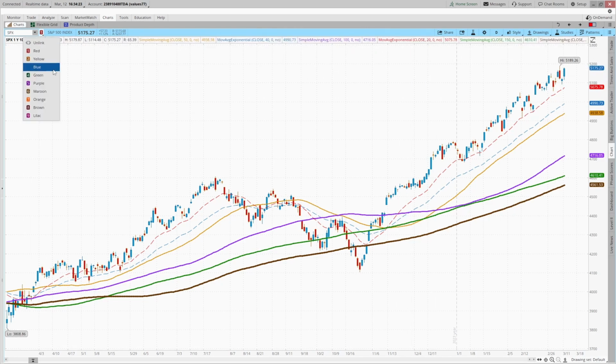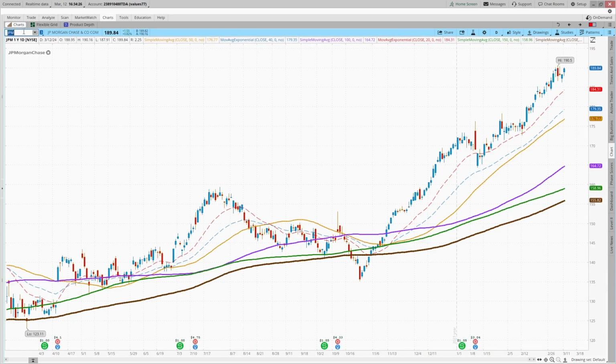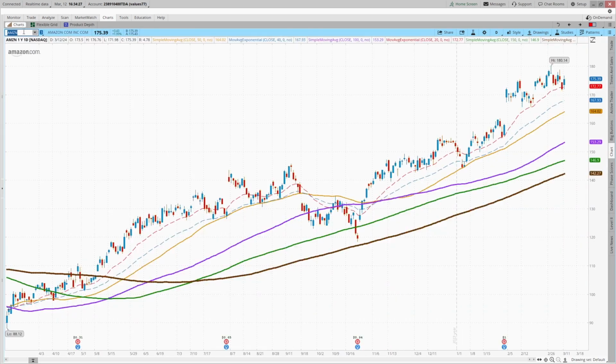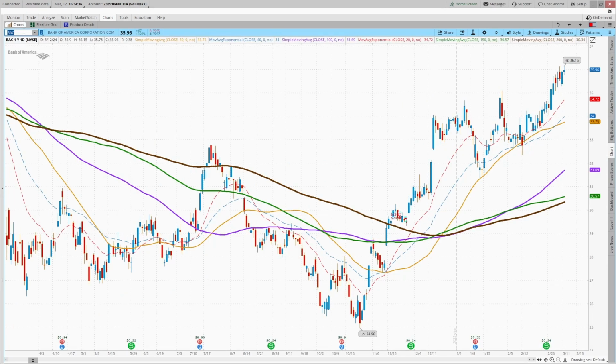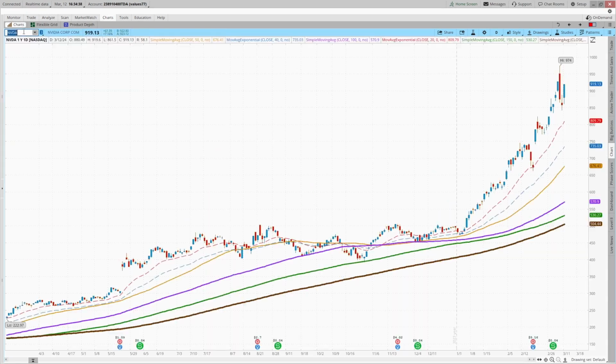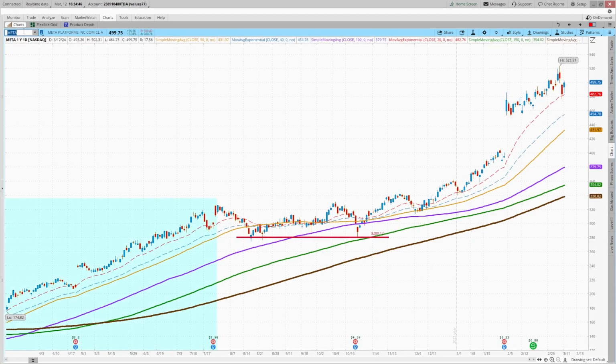But that doesn't mean every single company is going up. If we look at companies like Amazon, Amazon has been going up. A company like Apple has also been going up. Bank of America has also been going up. Then Nvidia, that's also been going up. And finally, let's say Metaverse. So there's quite a bit of stocks that are going up today.